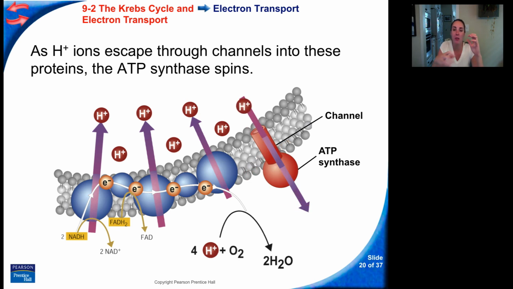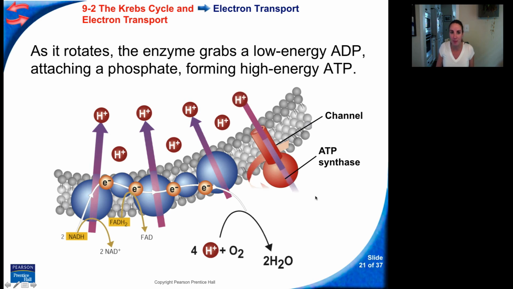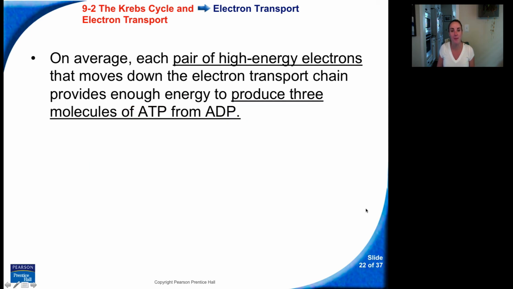Everything's better if it's in equilibrium. So these hydrogen ions, the only way they can escape back out is through ATP synthase. And then ATP synthase is going to spin. As it rotates, the enzyme grabs a low-energy ADP, attaching a phosphate, forming high-energy ATP. So as it spins, it creates ATP.